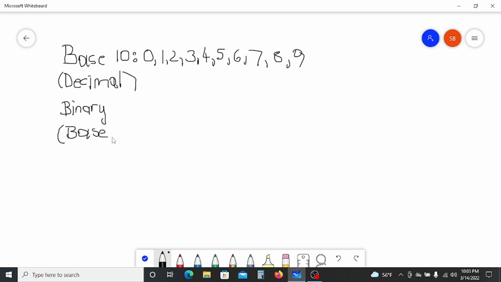The elements are 0 and 1. That means any number in binary, or base 2, is generated by using the 0 and 1.